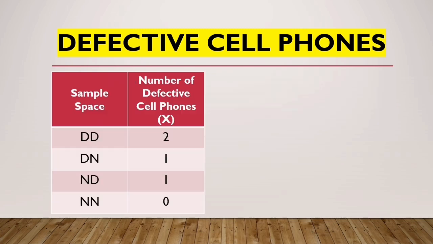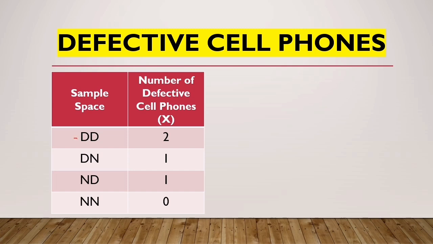Now we will try to get the values and the probability of defective cell phones. We have here the sample space listed on a table, as what we have done in the first example. We list down the outcomes from our sample space.